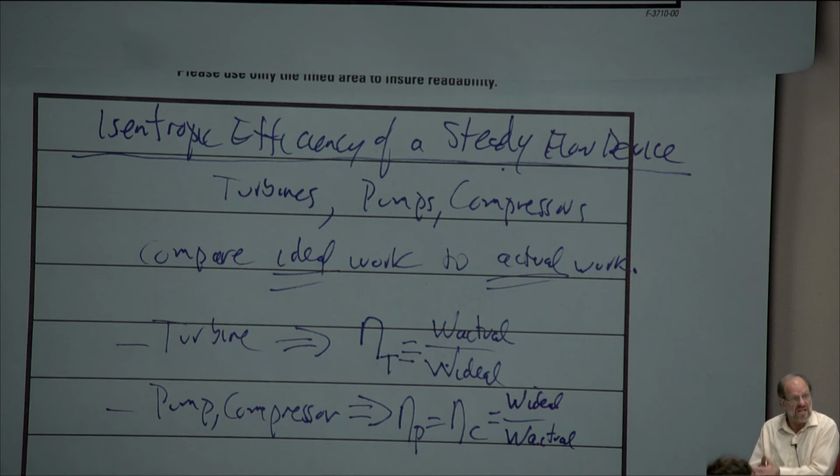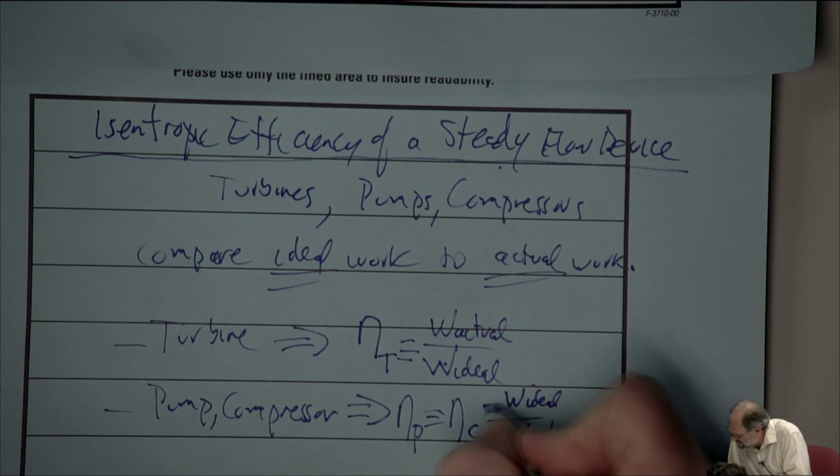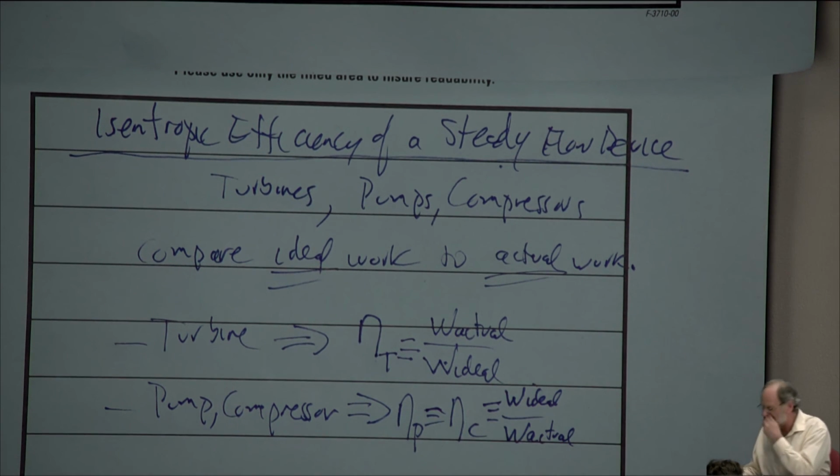The actual work is going to have to be a number greater than that, right? Because we're going to have to overcome the various frictional losses, fluid friction losses, rotational friction losses within the mechanical components of our pump, turbine, or compressor. So there's no way that the actual work is going to be the same as the ideal work, right? There's definitely going to be a difference. And that's why we define these isentropic efficiencies. Now again, these are definitions, so we really should put 3 lines in my equal sign.